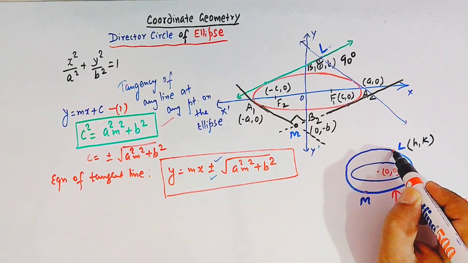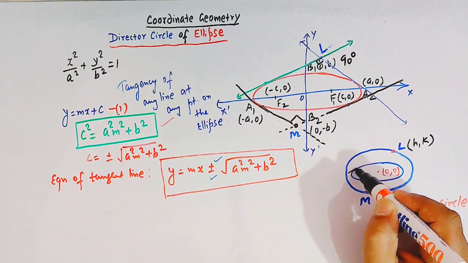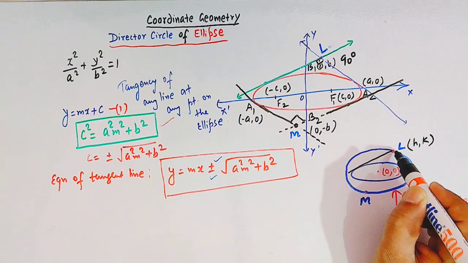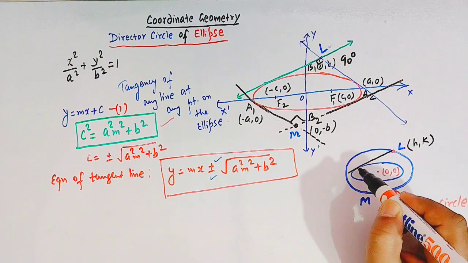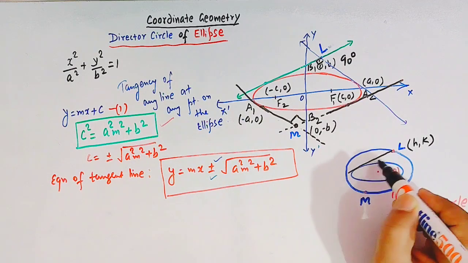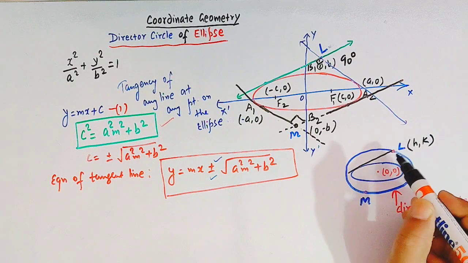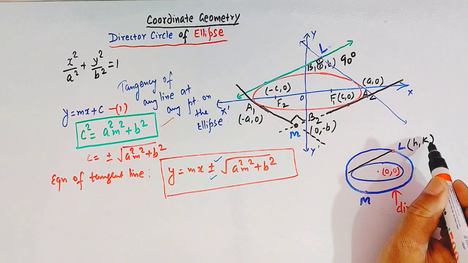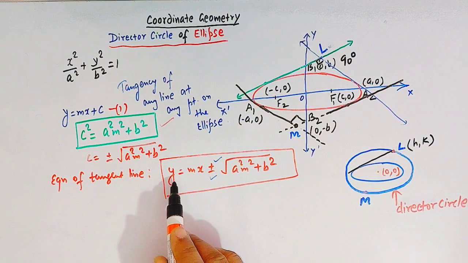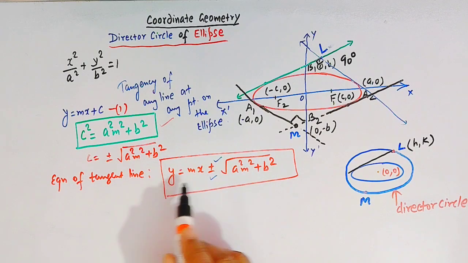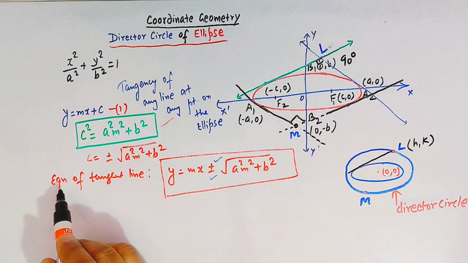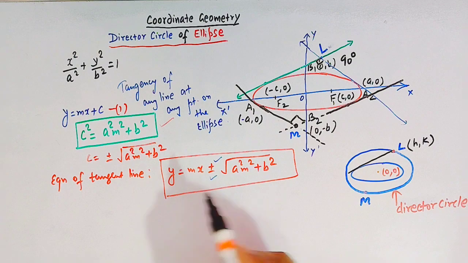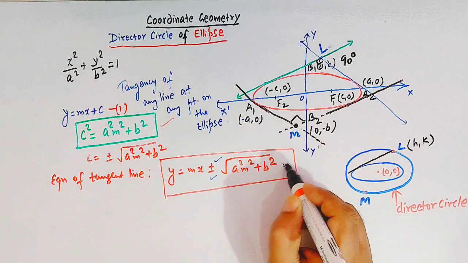If we draw a tangent to the ellipse from this point, then we see that the point h comma k lies on this tangent. So this point h comma k must satisfy the equation of the tangent, because the equation of the tangent line to the ellipse is given by this equation.